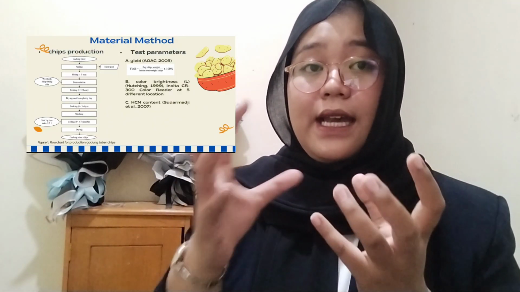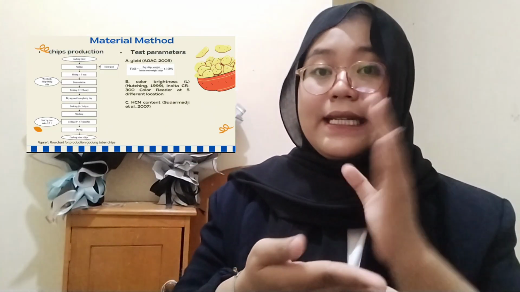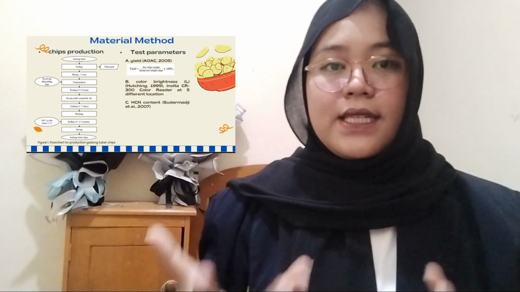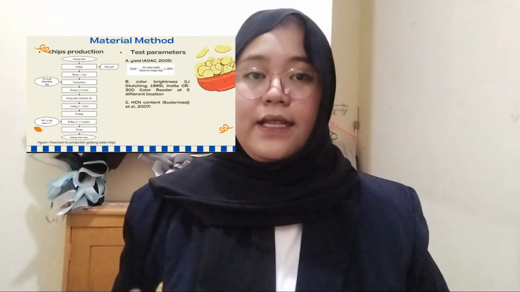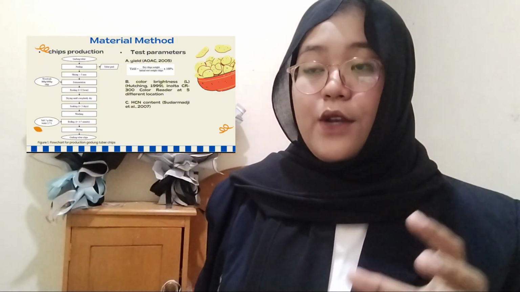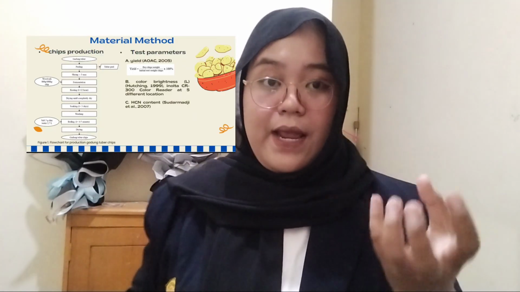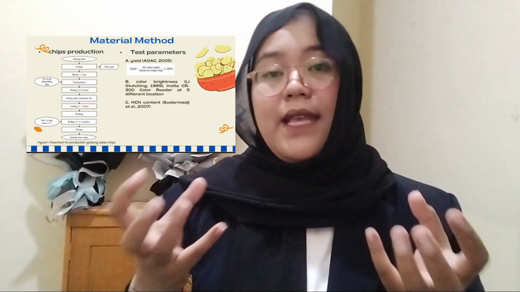Then, the peeled gadung is cut to a thickness of around 3 millimeters to increase the surface area and make processing easier. Each piece of gadung is then subjected to a fermentation process using 800 grams of wood ash for every 600 kilograms of chips.